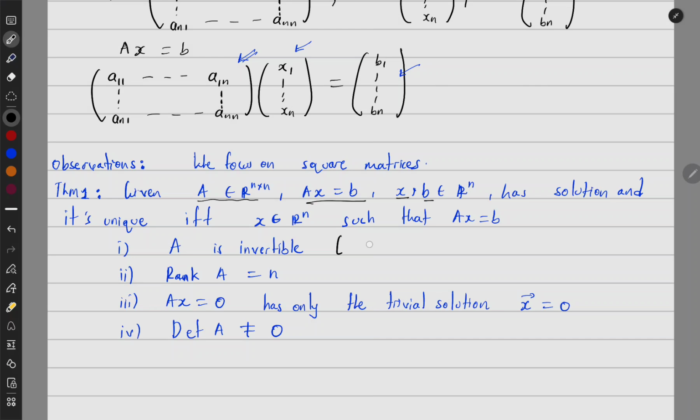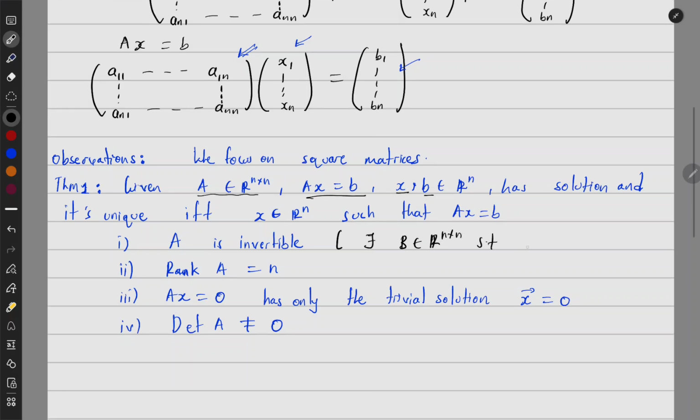It means that there exists a matrix B, also square, such that AB = BA, and they both give you the identity matrix I_n, which is also n by n. So the rank of A should also be equal to n, so it should be full rank.